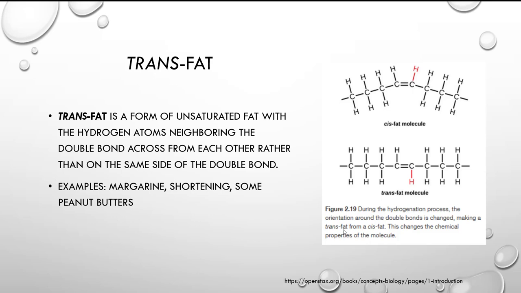First of all, a trans fat is a form of an unsaturated fat with hydrogen atoms that have a different bonding. Here is an unsaturated fat that looks pretty normal. Here's the little kink, and remember the kink is caused by that double bond. And cis just means that the hydrogens are on the same side.